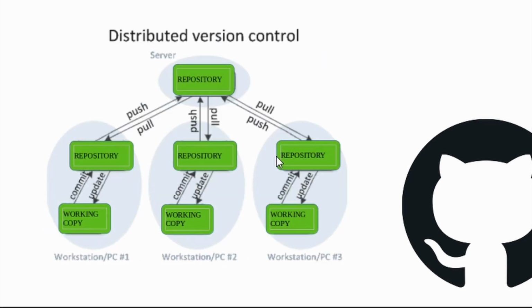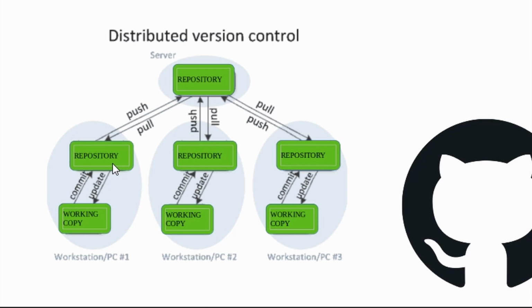Coming to distributed version control. In distributed version control, we have a main repository, and everyone else working on it has their own personal repository on their computer. From there, they can have a working copy on which they work, and whatever changes or commits they make are done in the repository on their computer, not in the main repository.